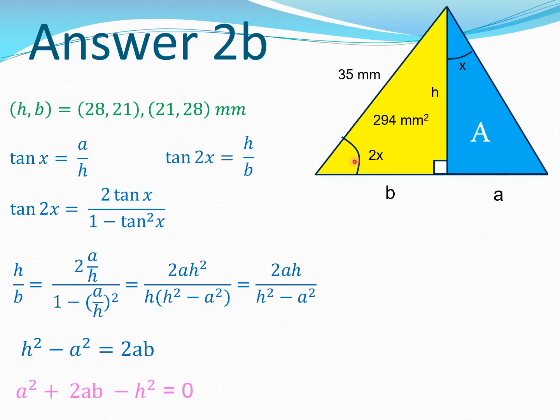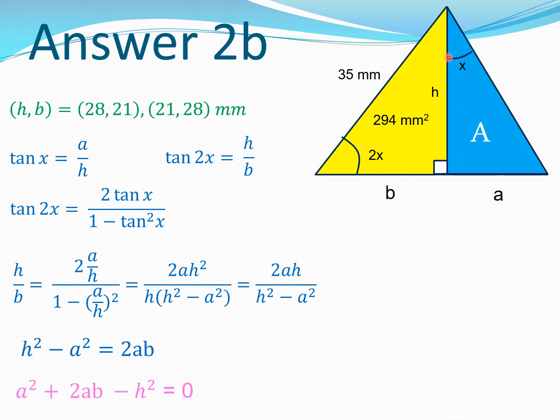So let's do that. What comes to my mind is that I could write an equation for tan x and an equation for tan 2x, because a, h and b are there. So tan x is going to be a by h, and tan 2x is going to be h by b.